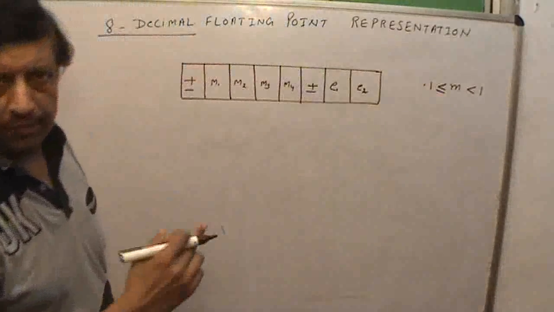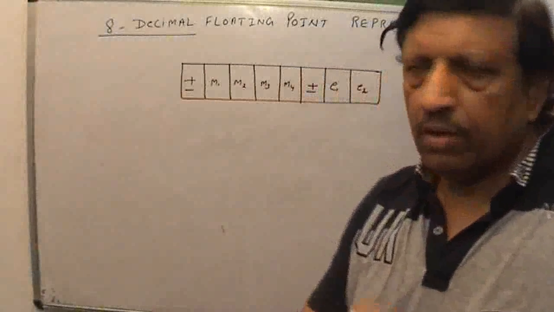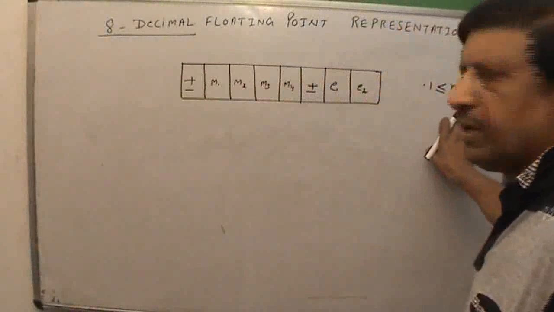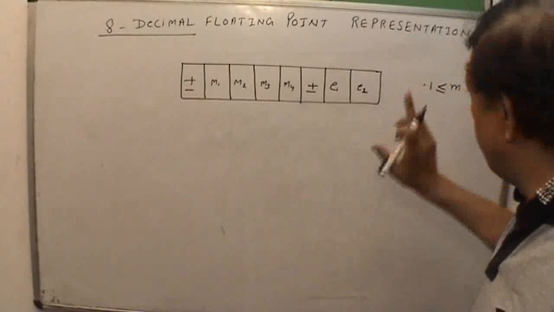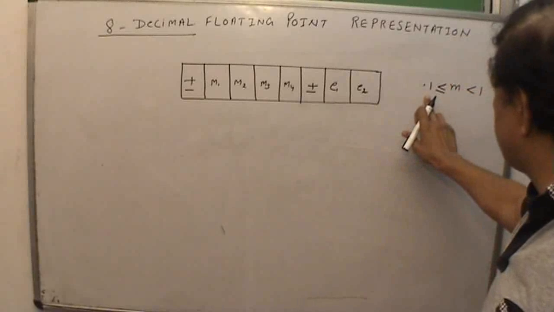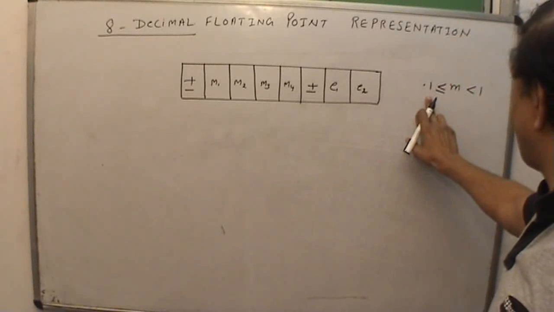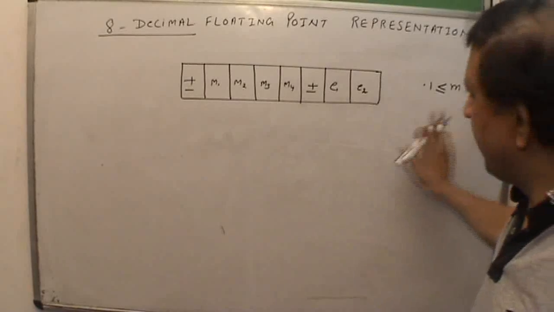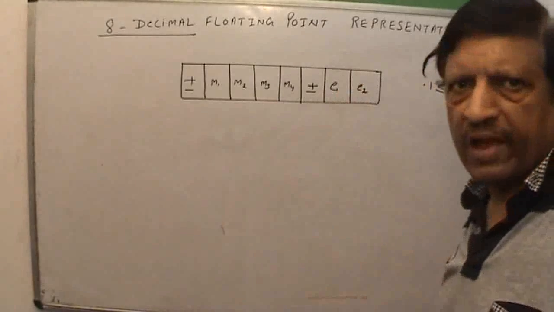It is somewhat different from the normal form. In the normal form, the mantissa was between 1 and 9. Now we change the concept. We keep the mantissa between 0.1 and 1, with 4 places for the mantissa and 2 places for the exponent.